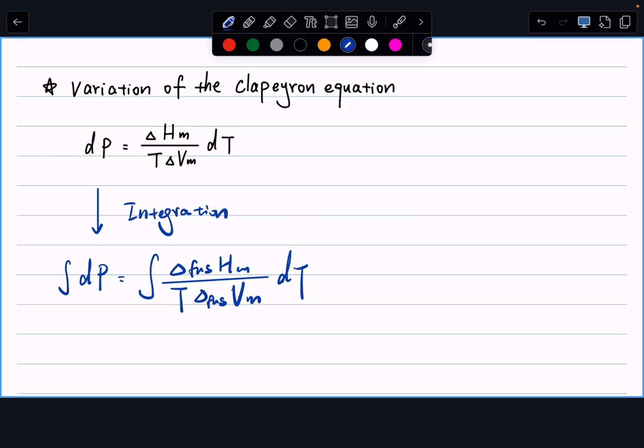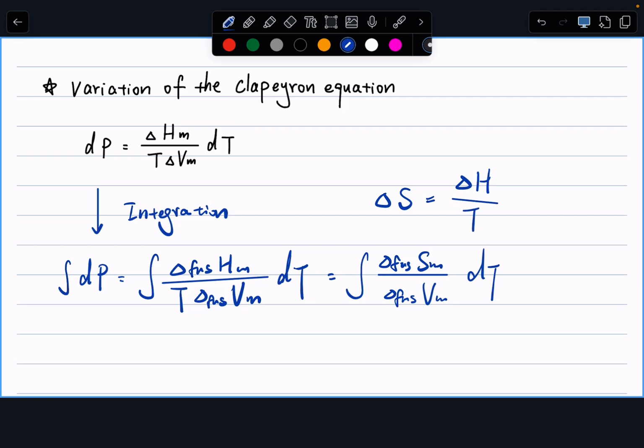Or it's the same thing as writing it as the integration of delta fusion Sm over delta fusion Vm dT. And the relationship here is just the change of entropy for a reversible phase transfer: delta S equals delta H over T.